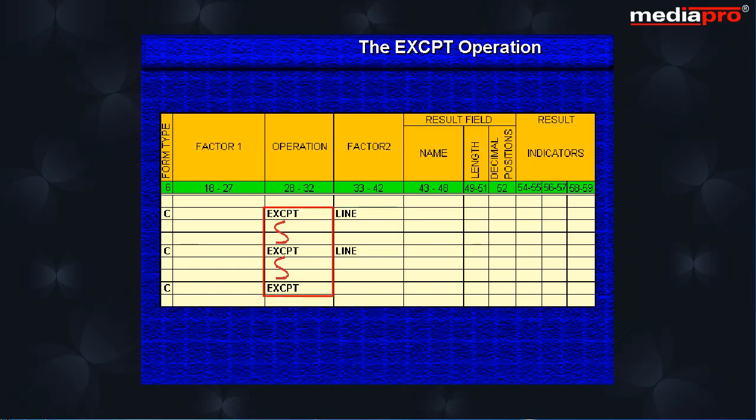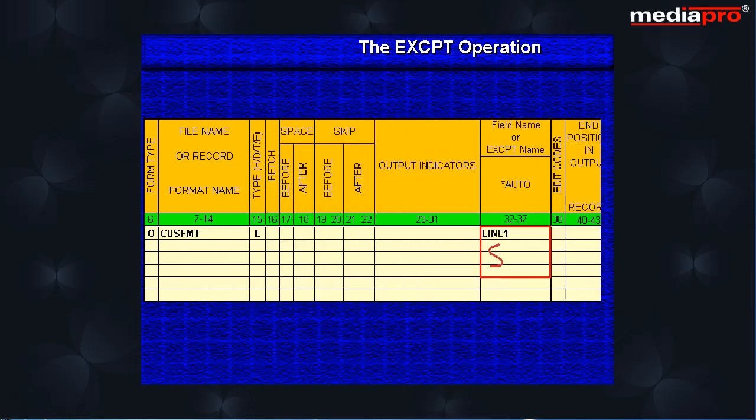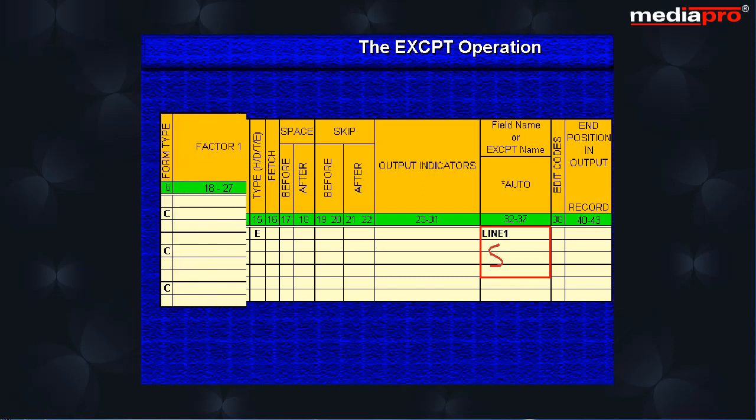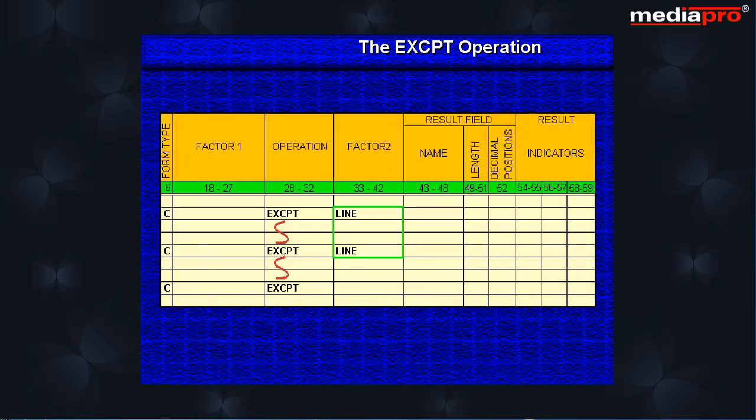When the EXCPT operation is executed, the program writes to the output file all the named E-lines if there is an entry in factor 2, or all the unnamed E-lines if factor 2 is blank from the output specifications.